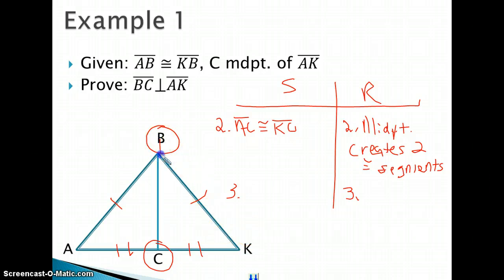What they form then is the perpendicular bisector. And let's just state that again. The 2 points that are equidistant from the endpoints of that segment form the perpendicular bisector of that segment. So my statement here for the next step, I'm actually exactly where I need to be. BC is perpendicular to AK.